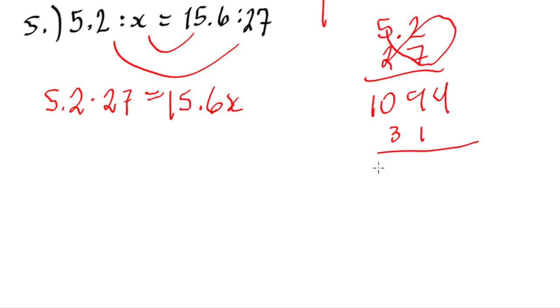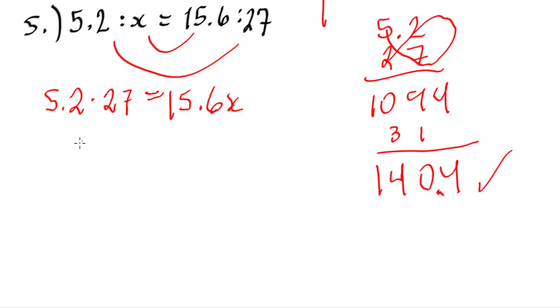So add them up. What we have is 14,004, and then put a decimal point since we have one decimal place in one of the factors. So we insert a decimal point also in our product. So 5.2 times 27 is going to give us 140.4.